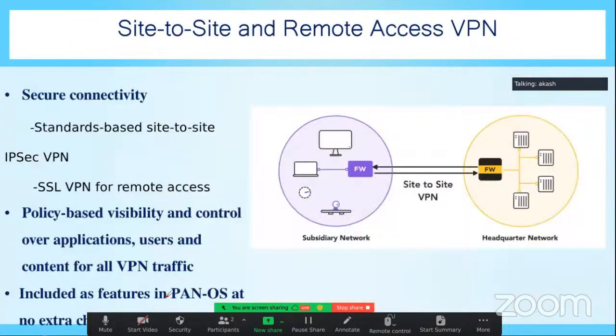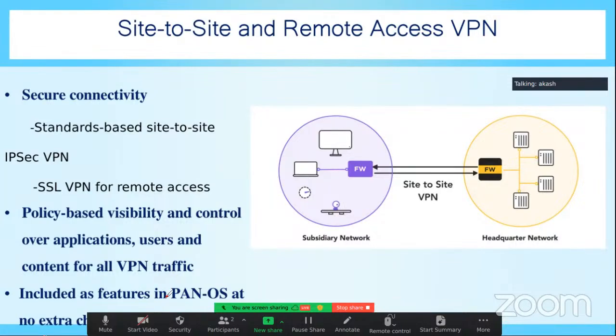Now we'll move to the next part. This next generation firewall has the capability that we can create a site to site or a remote VPN, right? So that we can make sure that between our two offices, our data is secured when traversing over the internet.